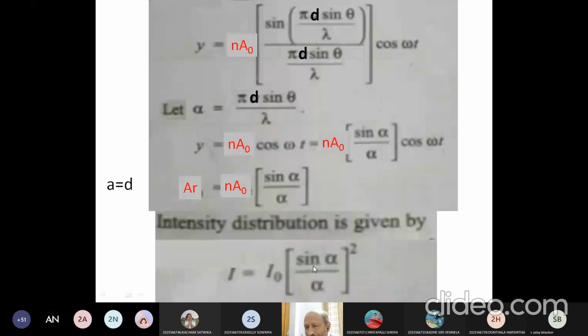Distribution expression. Now, what is the condition for maxima? In mathematics, when you have a function f of x, when do you get maximas of that function? How do you get the maximas of the function?